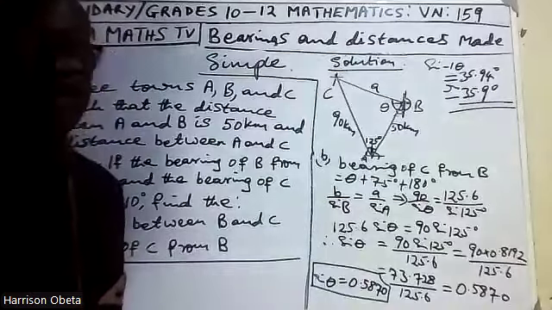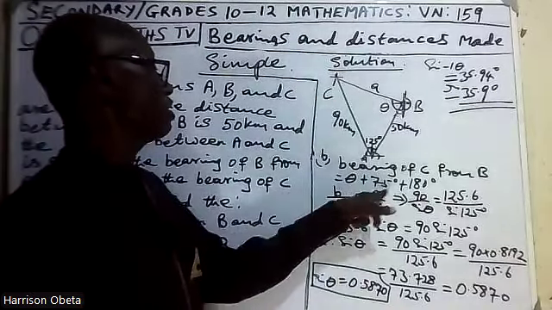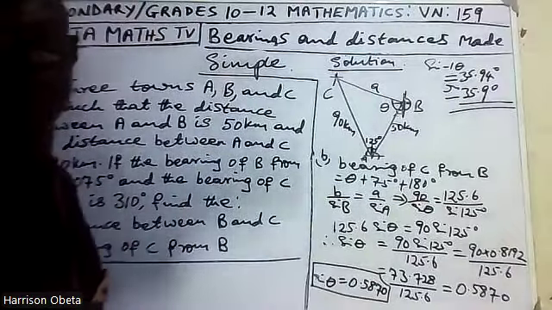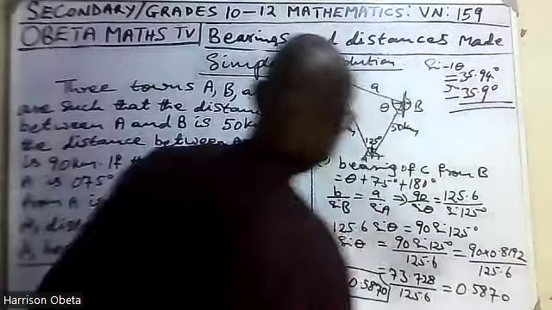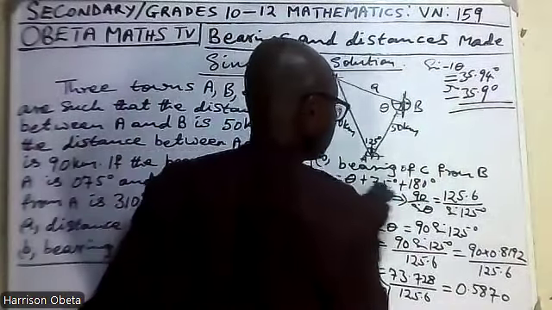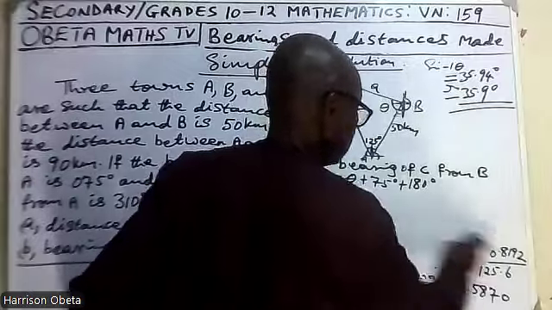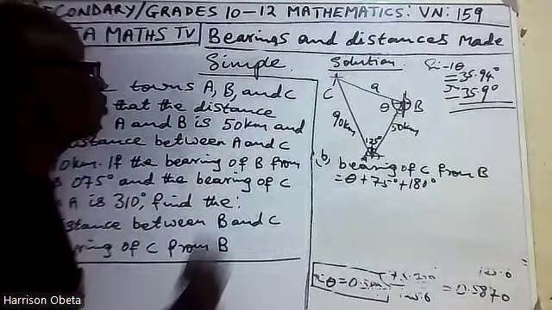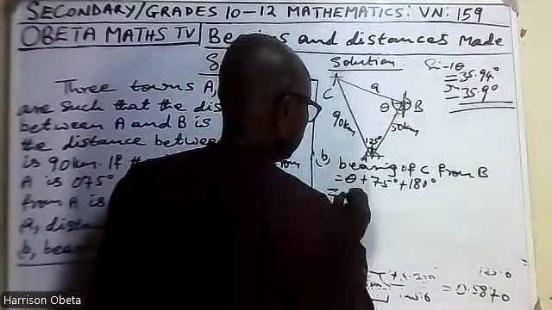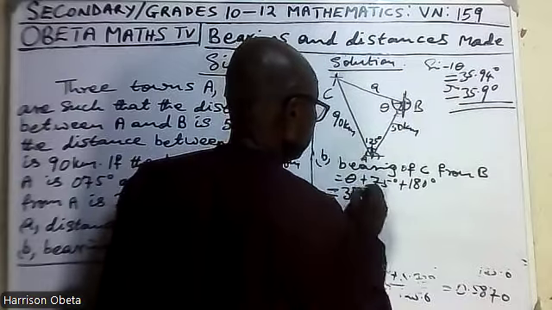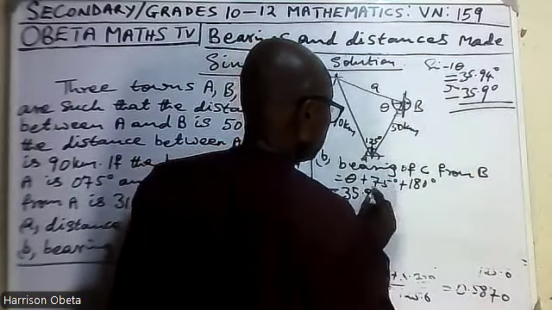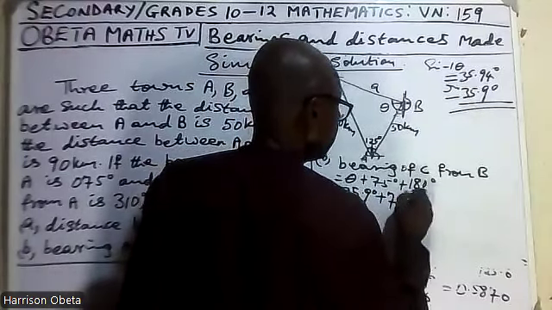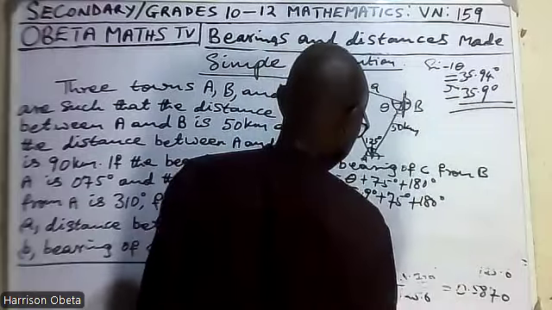Okay, but that is not the bearing. The bearing is this plus this plus this. So you now go back and find the bearing. Since we have known the value of theta, we fix, and that will give us 35.9 degrees plus 75 degrees plus 180 degrees.